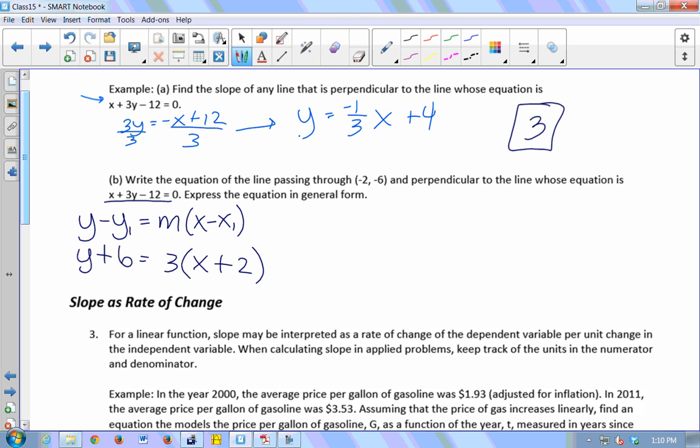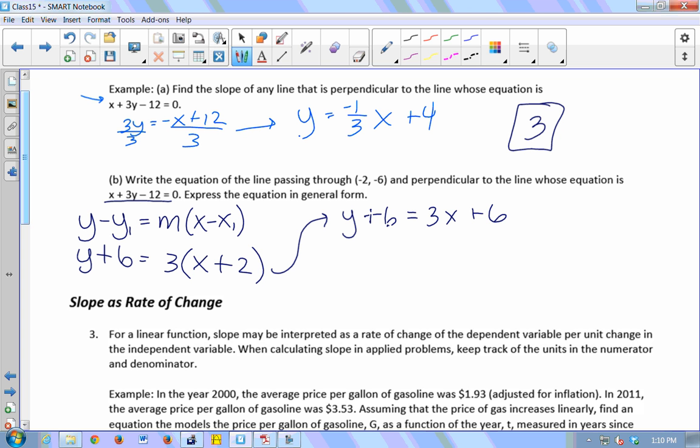So the standard, or the general form, is when you have something times x plus something times y plus something equals 0. So basically, we want everything on one side so that 0 will be on the other side. So I'm just going to collect everything on one side. So right now it's y plus 6 equals 3x plus 6.